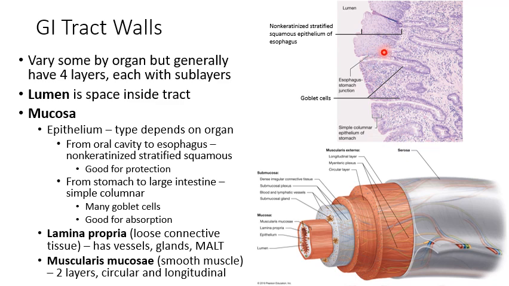So you can see the epithelium of the mucosa actually transitioning from non-keratinized stratified squamous in the esophagus to the much thinner simple columnar epithelium in the stomach, which allows good absorption. And you can see the goblet cells, these cells in the epithelium that are filled with white. They're actually just goblet cells that are filled up with mucus that they're going to excrete.